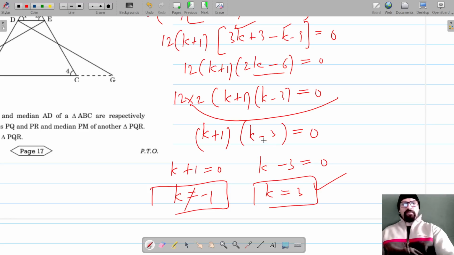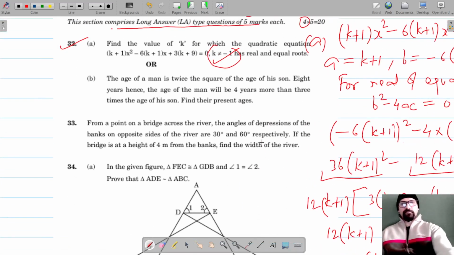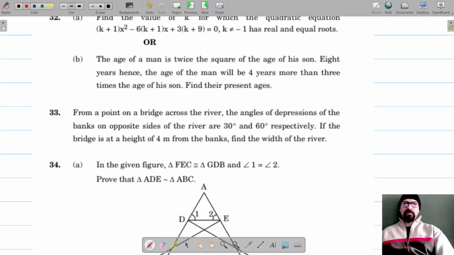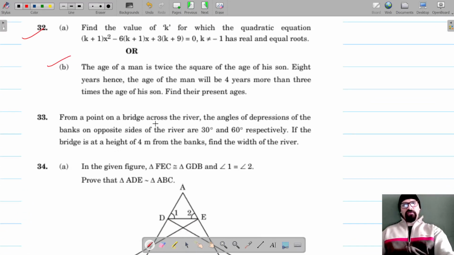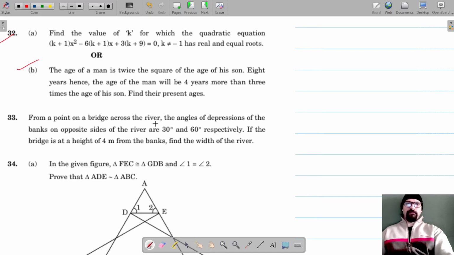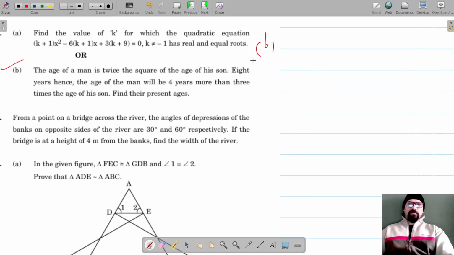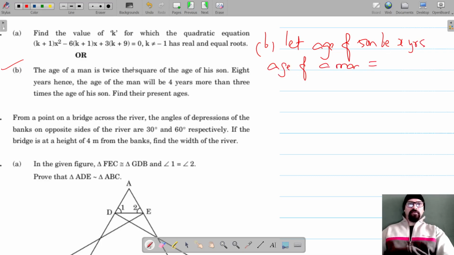Moving on to part B of the same question. For part B, it's given that the age of a man is twice the square of the age of his son. So let the age of the son be x years, which gives me the age of the man as twice the square of the age of the son, that is 2x square years.